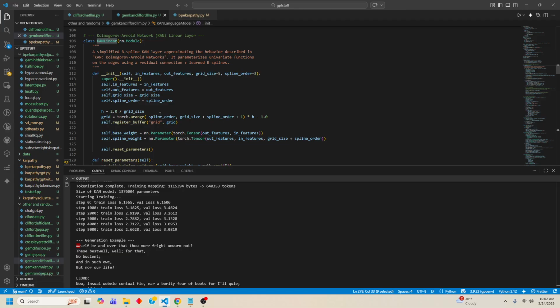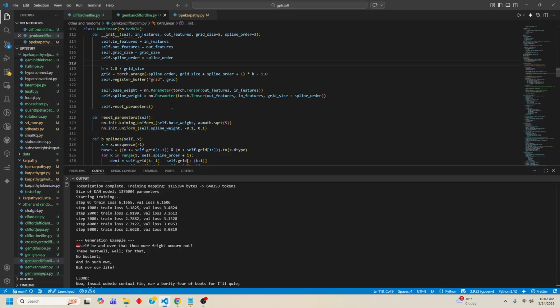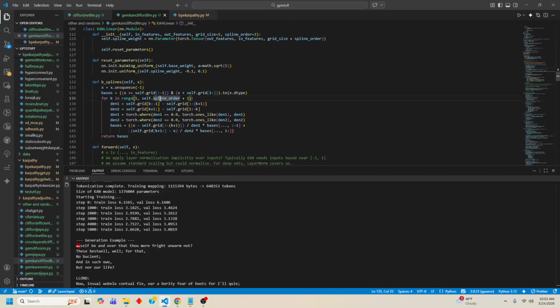Let's see here. It uses splines, looks like B splines, to approximate the function. So there's a spline order, which I don't really even understand. I don't understand this part yet.